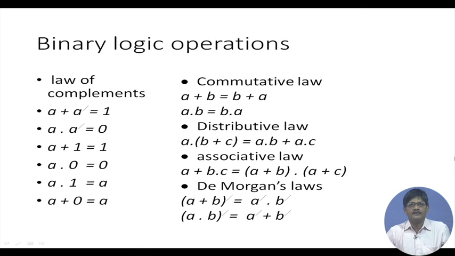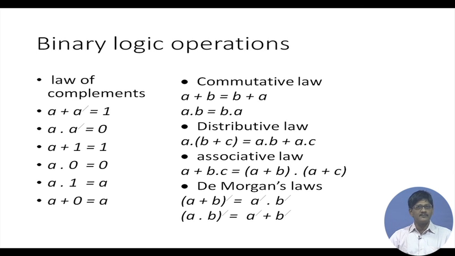So, this way binary logic operations obey certain laws, which we will have a quick look at. For example, if you think of the complements, E or E dash is equal to 1. Why?